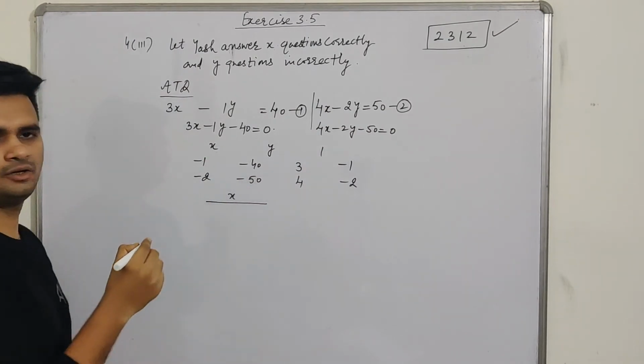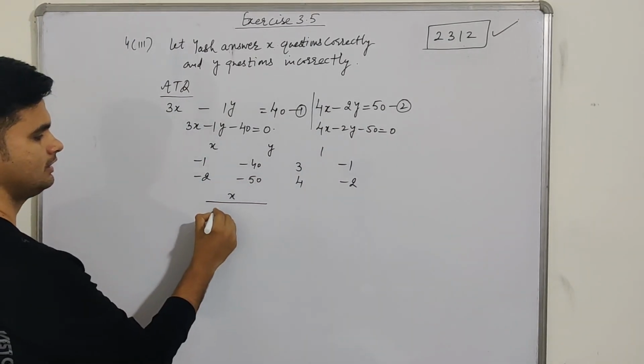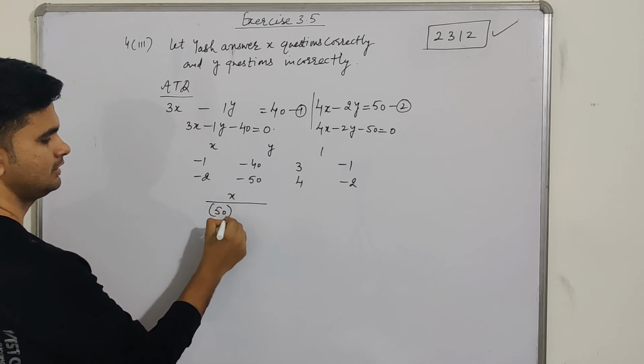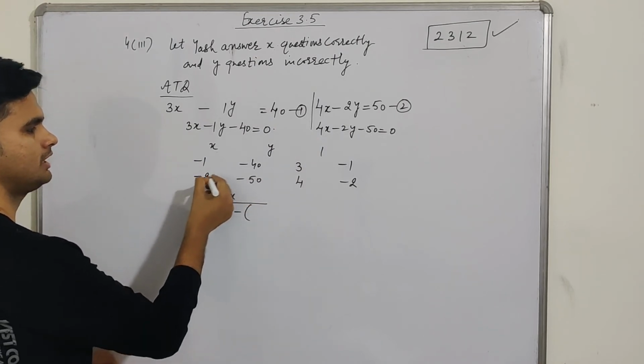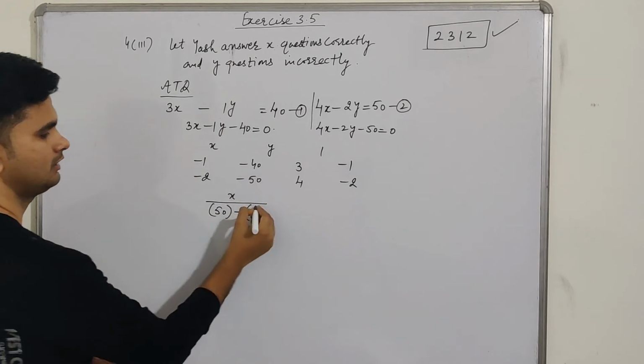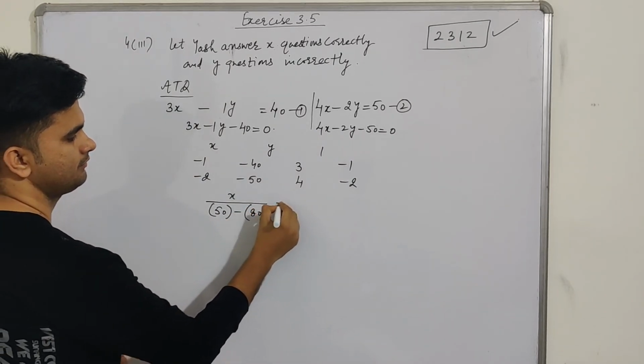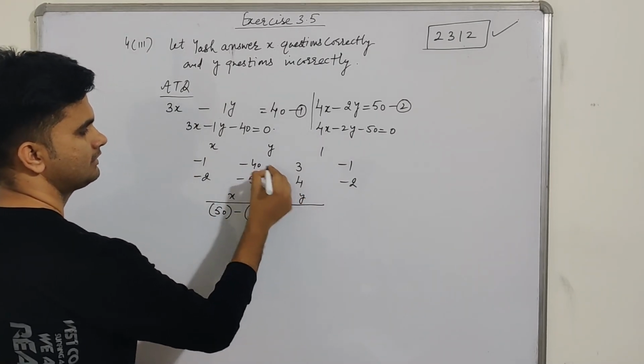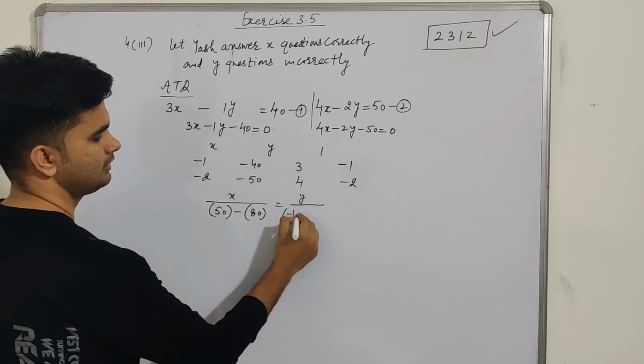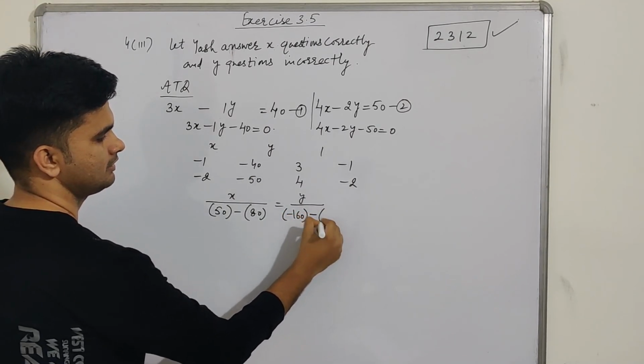Then minus 1 into minus 50, it is 50. Keep it in bracket. Then minus 2 into minus 40, it is 80. Minus 40 into 4, it is minus 160.